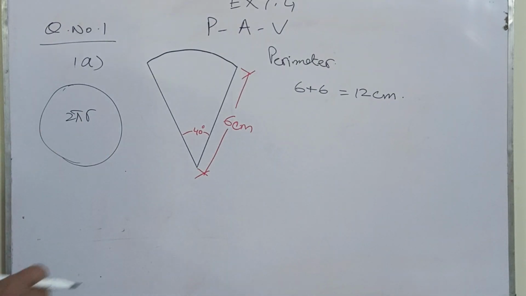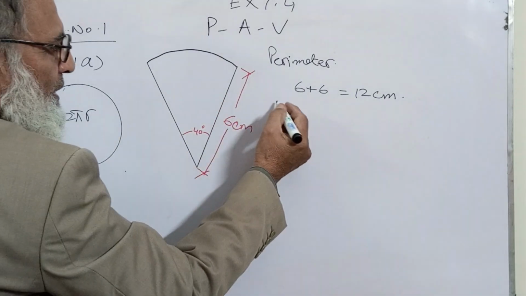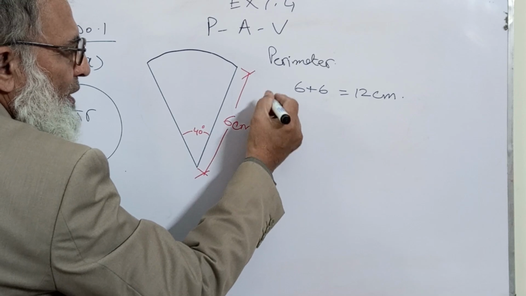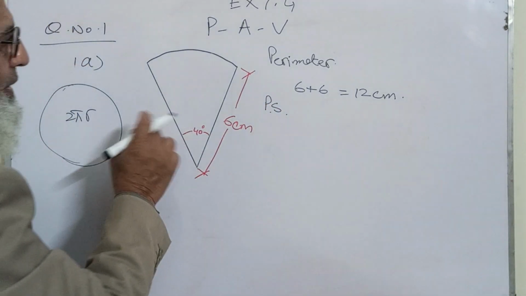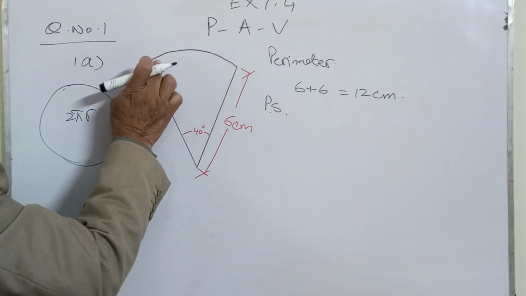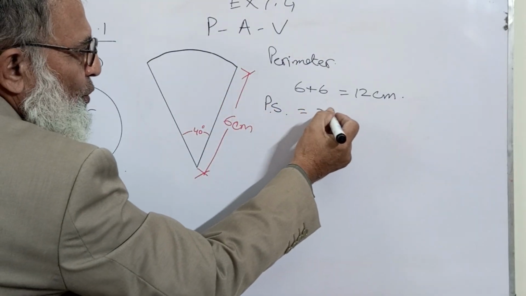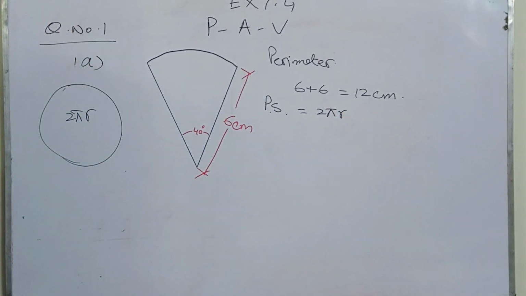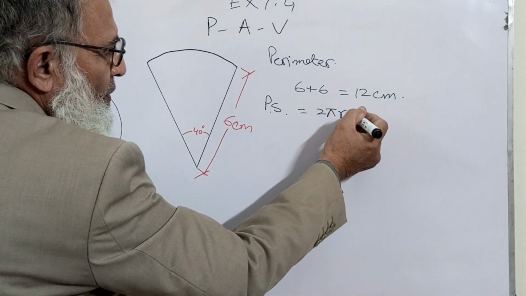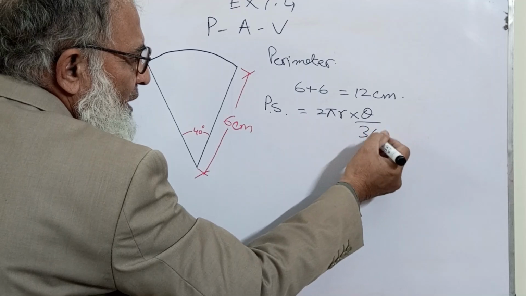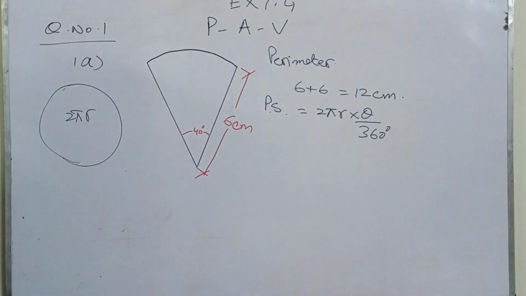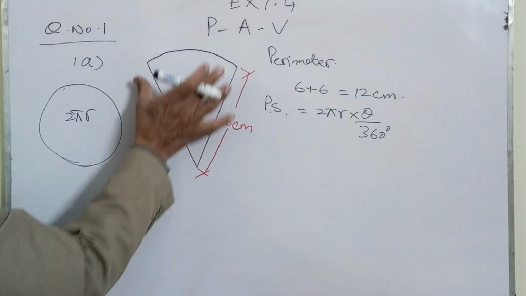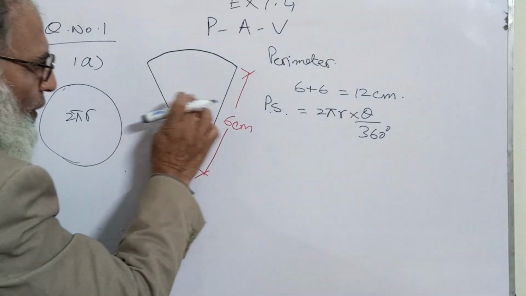And what about this? When we have a sector, what we do is the perimeter of sector, PS. Perimeter of sector is, now this sector is from here to here, so it will become 2 pi r, it is the same, but times theta upon 360 degree, because we have only this sector which is in between 40 degrees.